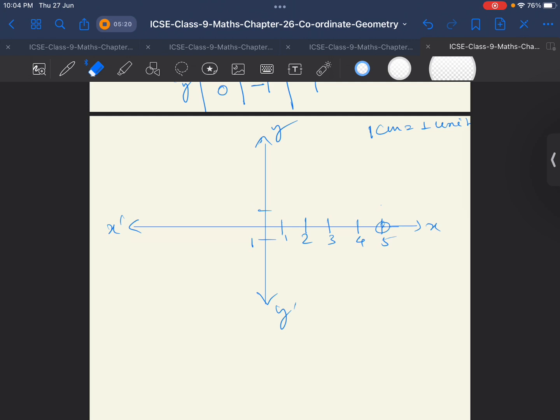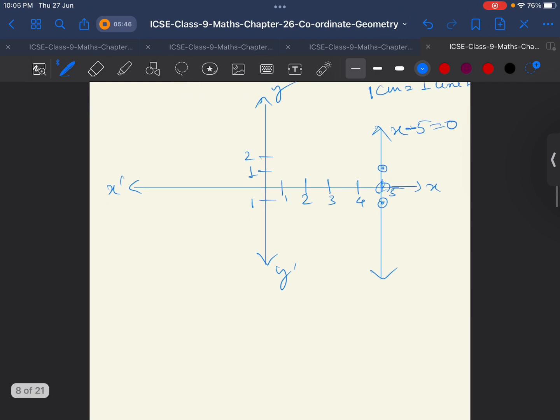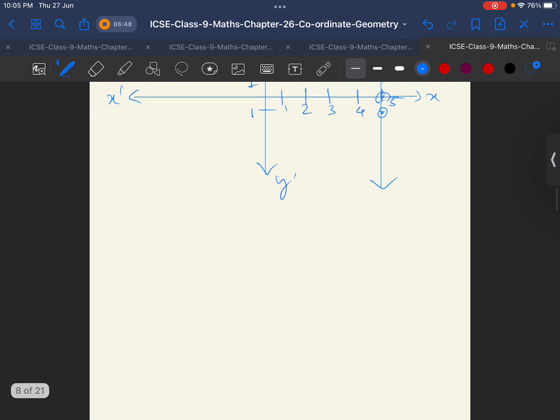Sorry, this is 1, this is 2, so (5, 1) is here and (5, -1) is here. Now we draw the straight line. This is the straight line x minus 5 equals 0.